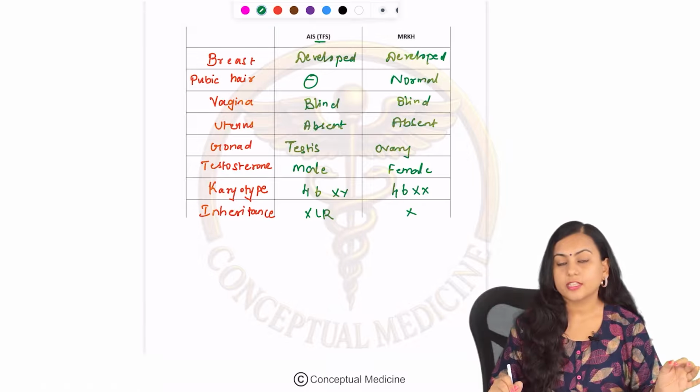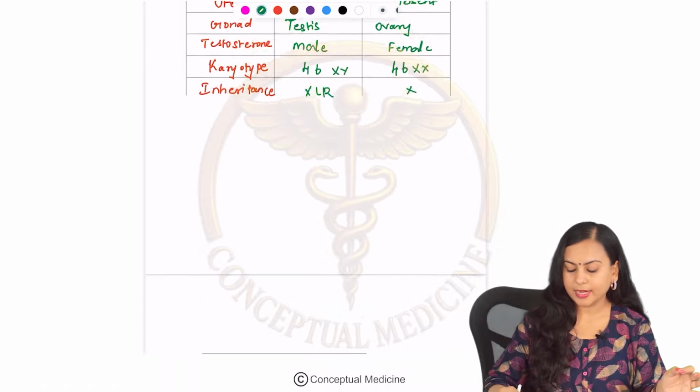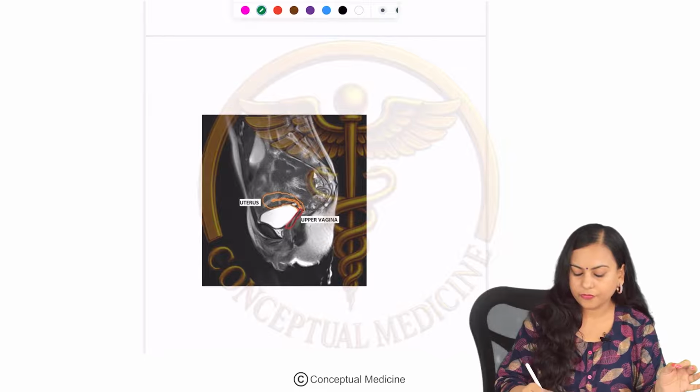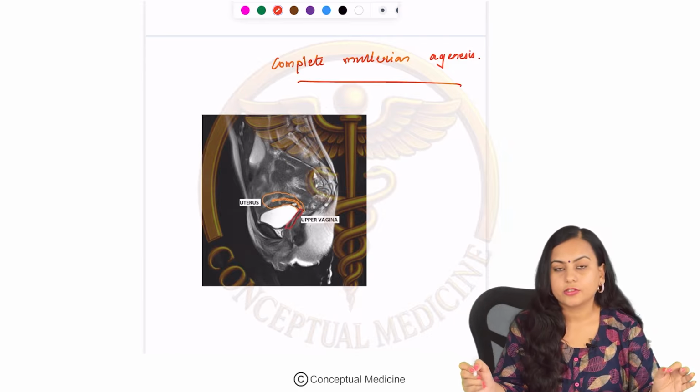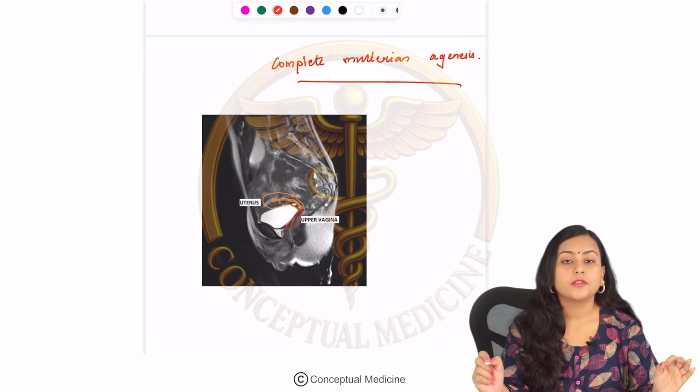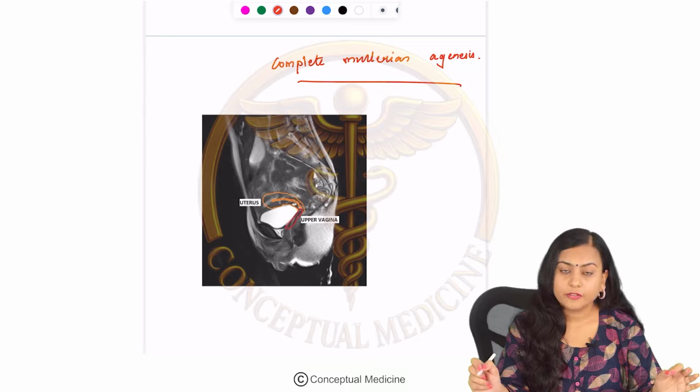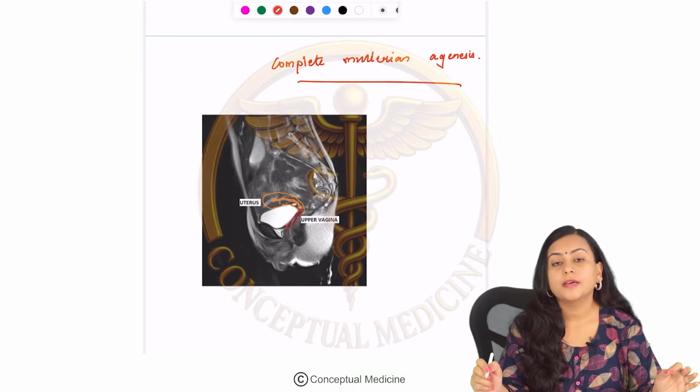So, what does Mayer-Rokitansky-Kuster-Hauser syndrome mean? It is a syndrome of complete Mullerian agenesis, where the uterus, the fallopian tubes and the upper 2/3 of the vagina are going to be absent.